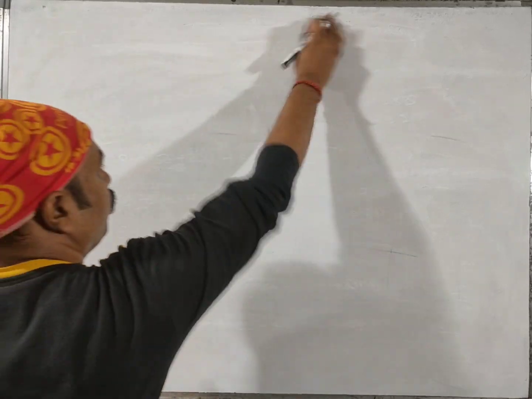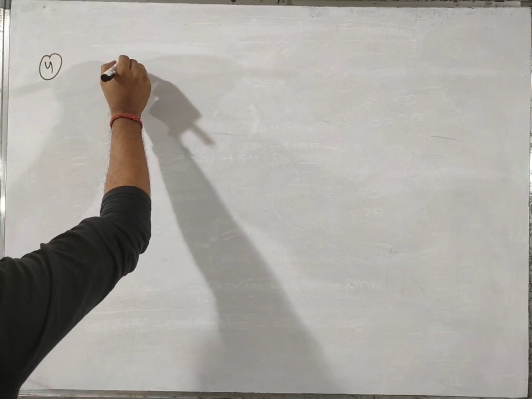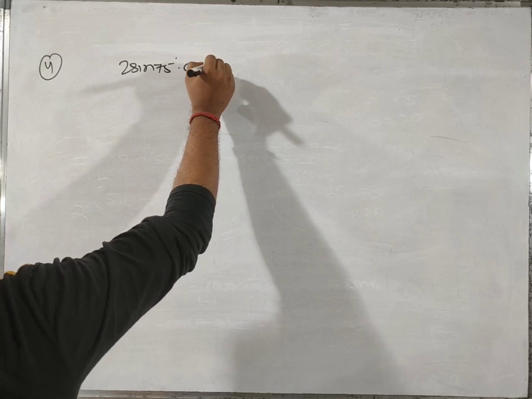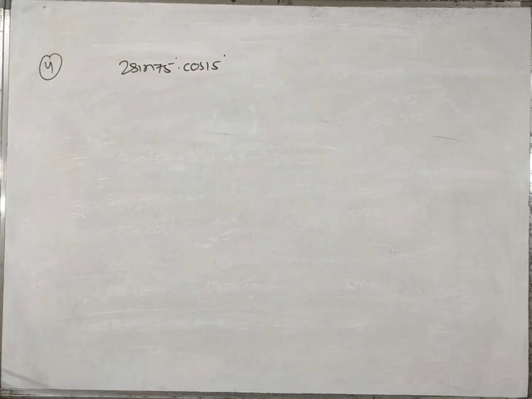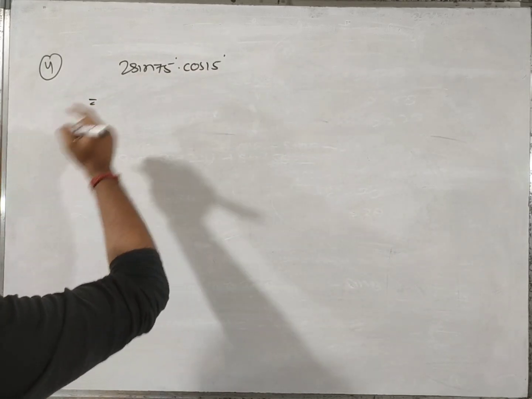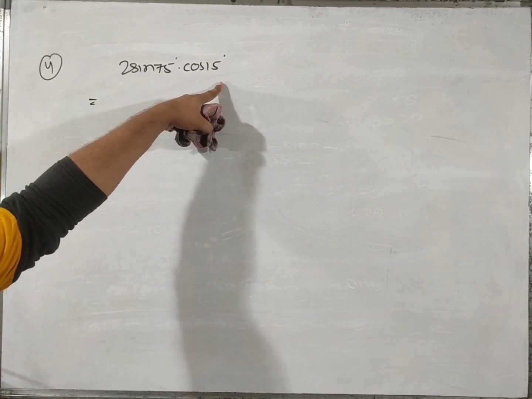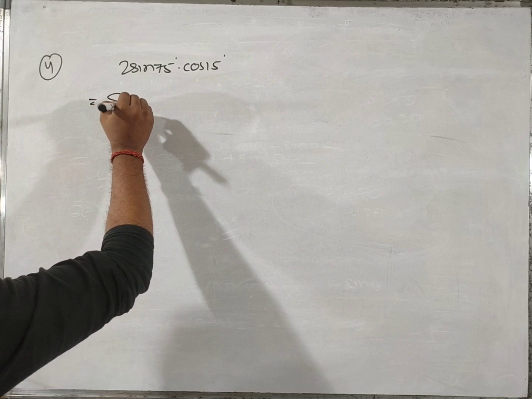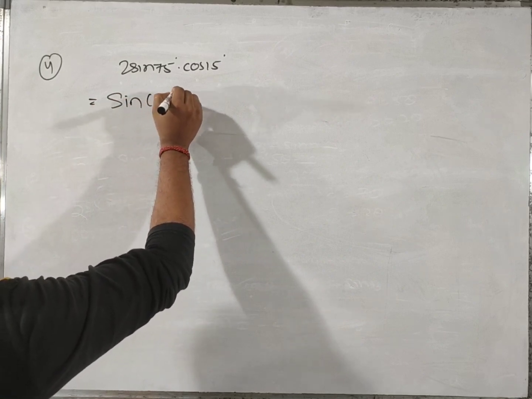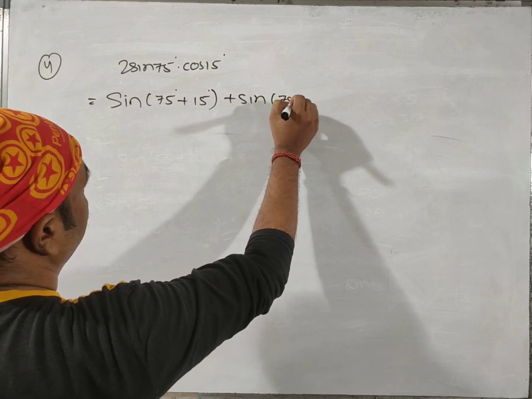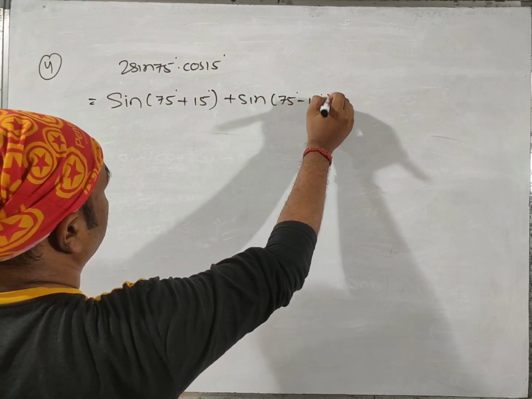Problem number 4. 2 sin 75 degree into cos 15 degree. By putting the formula of 2 sin A cos B, we can have sin(A plus B) plus sin(A minus B), that is sin(75 degree plus 15 degree) plus sin(75 degree minus 15 degree).